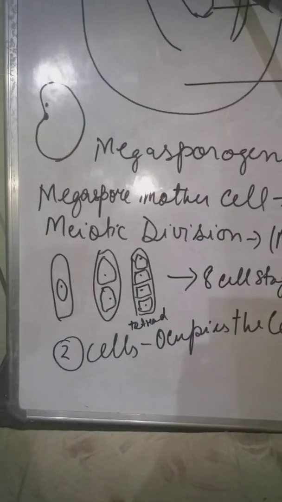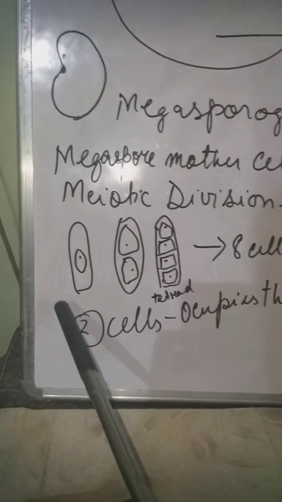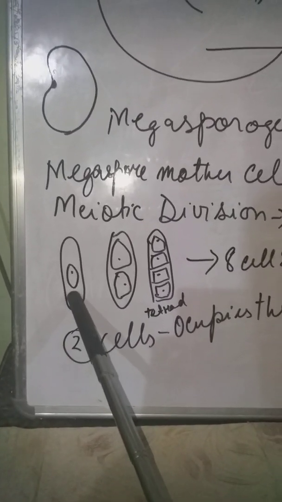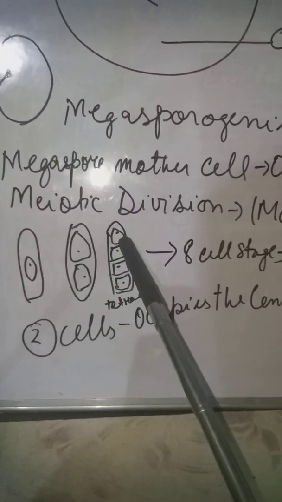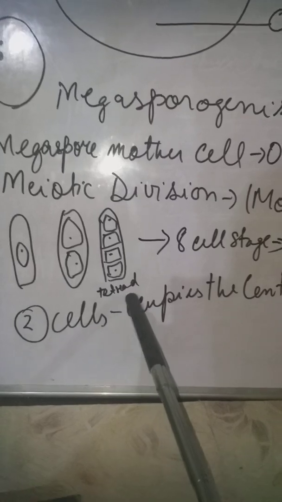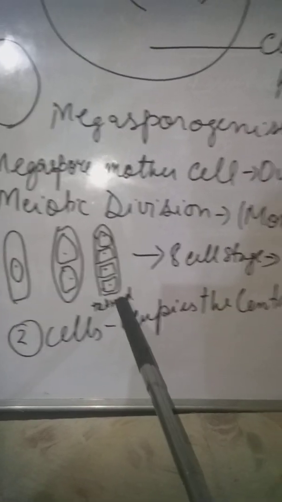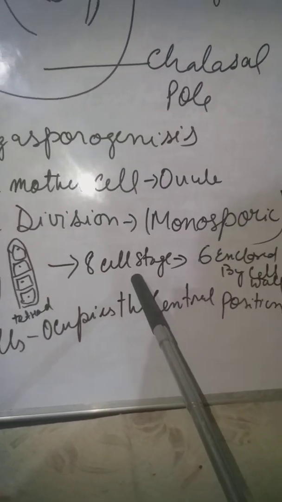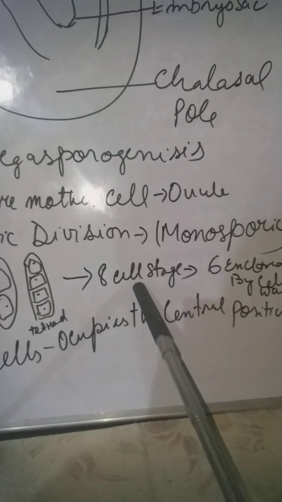Now in this nucellus, first the entire thing is a single cell. It first divides into two. Now each of the two divides into four, and that is known as the tetrad condition. After that, each divides into two, so you get an 8-celled stage.